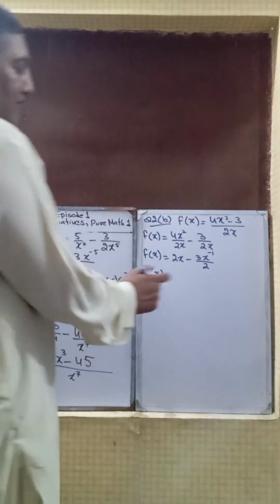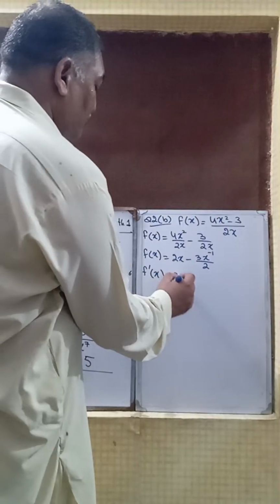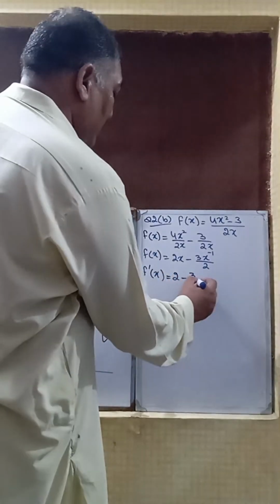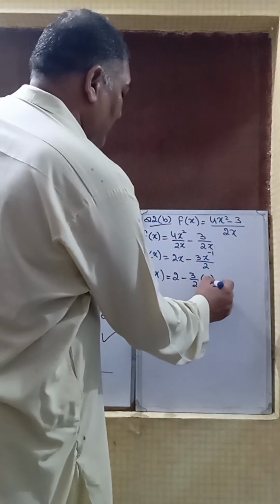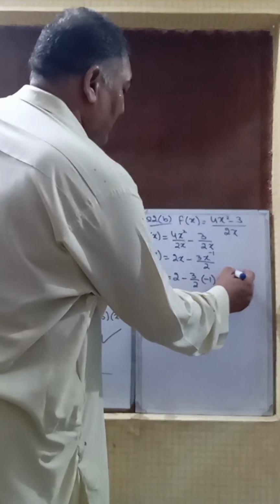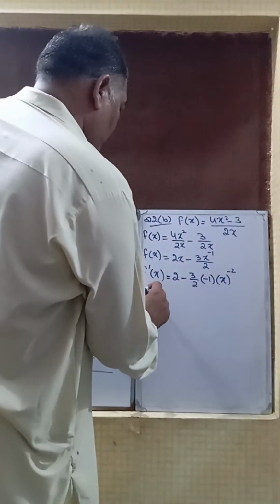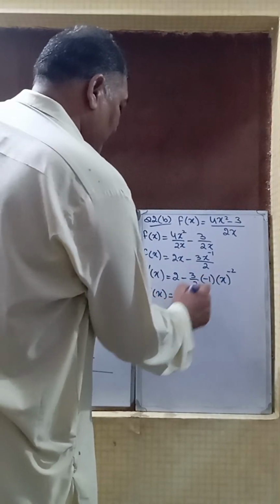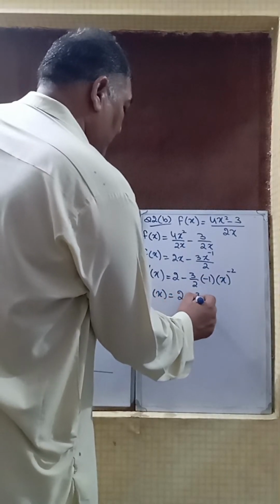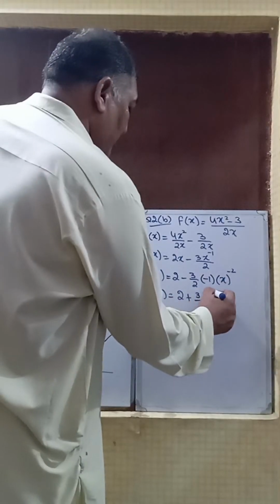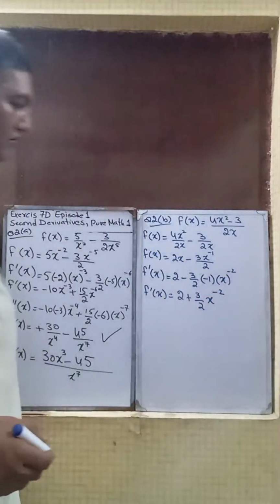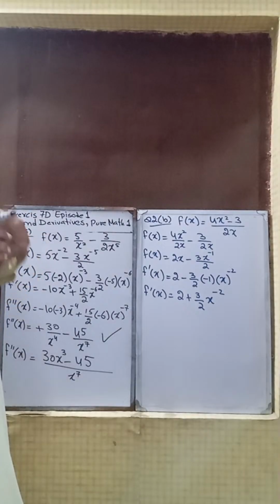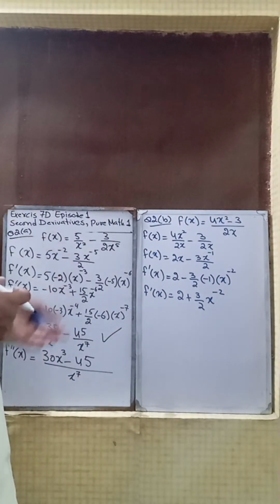This is the first derivative. So it will be 2 minus 3 by 2 into minus 1, and the x power will become minus 2. So my first derivative will be equals to 2 plus 3 by 2 x raised to power minus 2. Now this is my first derivative. Then I will find the second derivative.